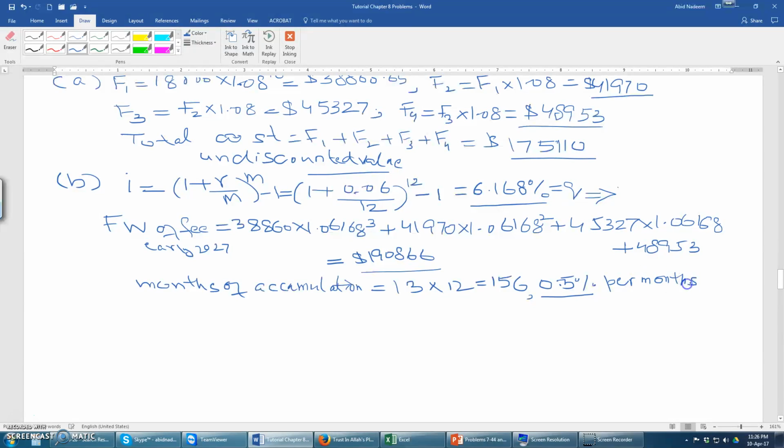So the value of A which will be needed to get a future value of $190,866 will be equal to 0.005, so 0.5% can be written as 0.005, divided by 1.005 power 156 minus 1.